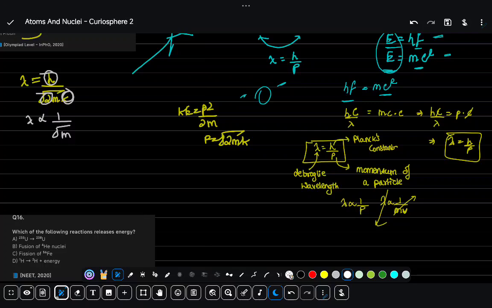There is no other factor which changes along with m which affects lambda. There is only a single factor, root over m. So root doesn't have any big effect. We can just say mass is inversely proportional to lambda. Okay, so higher the mass, lower will be the lambda.